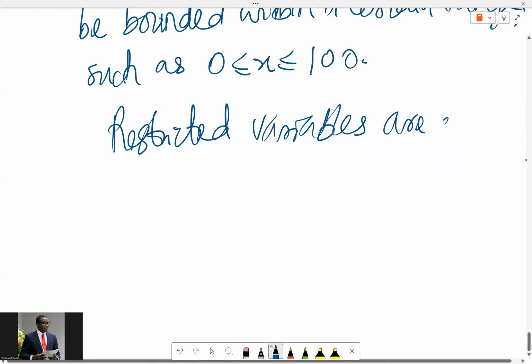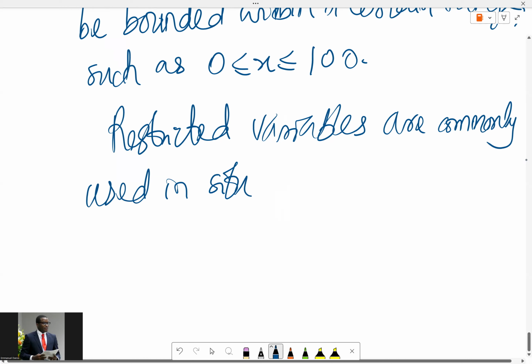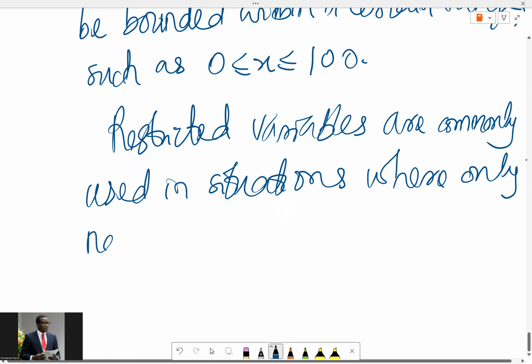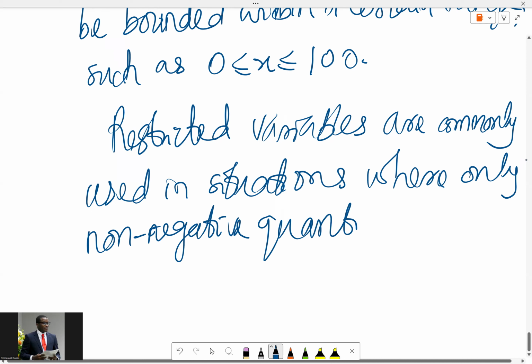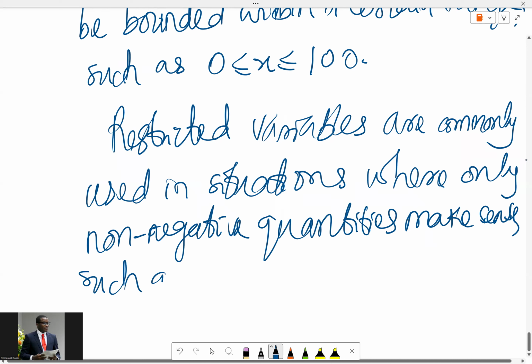Restricted variables are commonly used in situations where only non-negative quantities make sense. There are situations where a negative value doesn't make any sense, such as production levels.